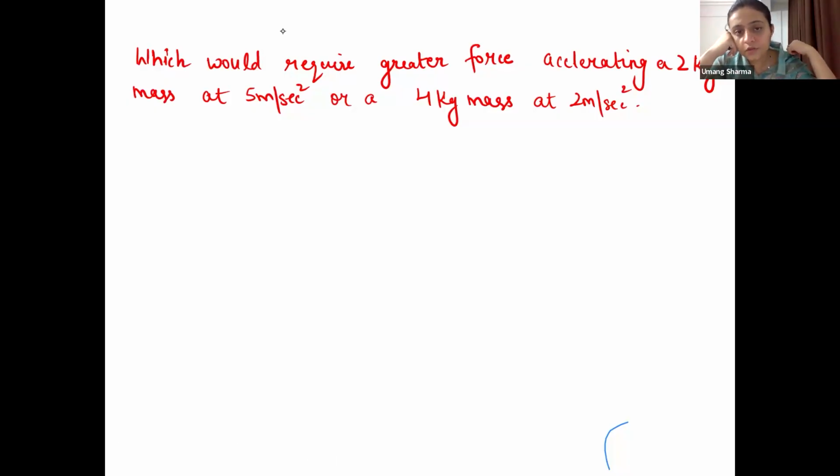Which would require the greater force? Case 1, 10 Newton. Case 2, 8 Newton. I think case 1. More answers?